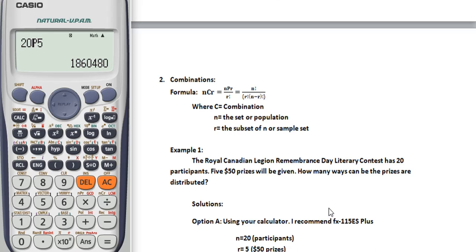And for the second one, it is the combinations. The formula is nCr, which equals nPr over r factorial, or n factorial all over r factorial times n minus r factorial, where C is the combination, n is the set or population, and r is the subset of n or sample set.